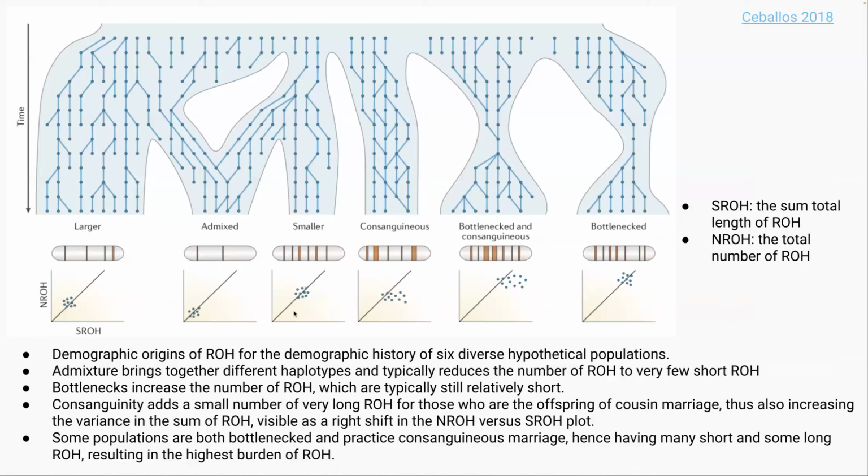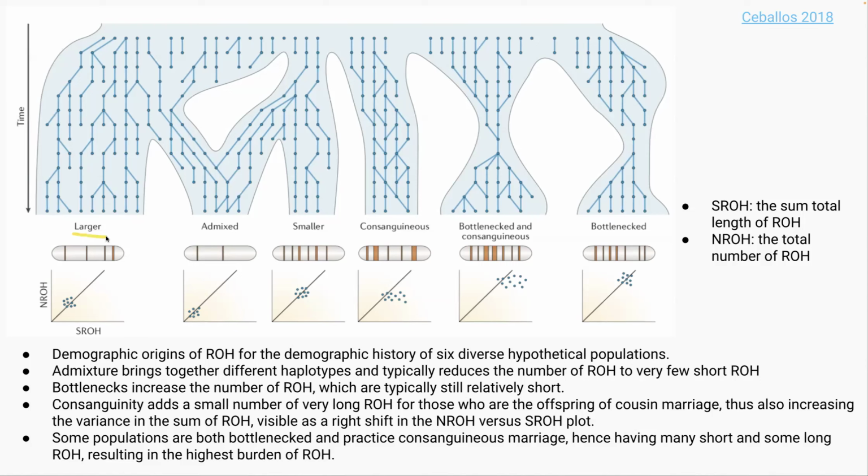Okay, so this is the sort of summary of the entire lecture. We can make a conceptualization about the ROH relationship between different population sizes and population types, and summarize it like this.